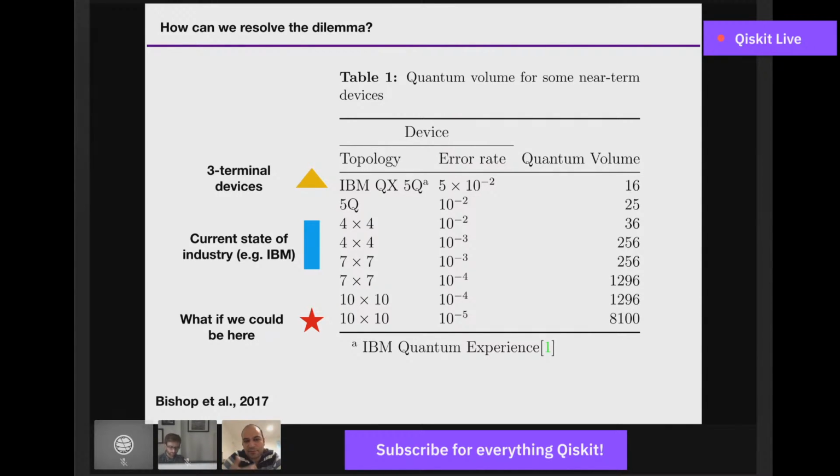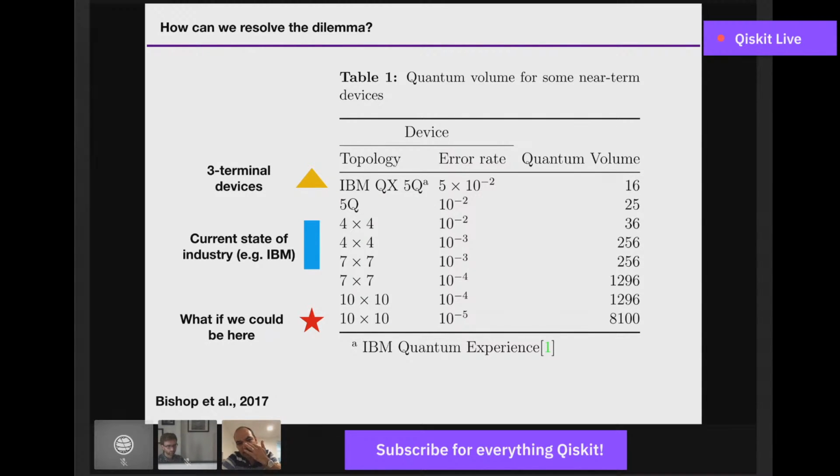The current state of industry, like IBM and Google and others in superconducting qubits, is that the error rates are getting to 10 minus 2, 10 minus 3. And I guess this is for 2-qubit gate errors, which is more important than a single qubit error rate. Mm-hmm. And if you add the third terminal, you're basically introducing noise. There is a whole baggage of things that come with it. And then the errors go up to 10 minus 1, which in this table we can't even see. And it makes it very difficult, right?